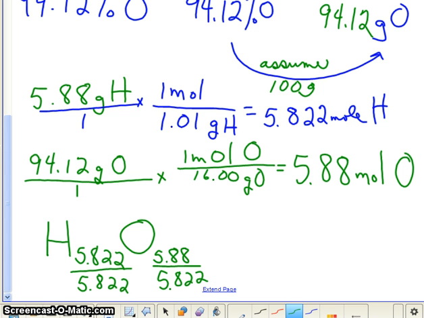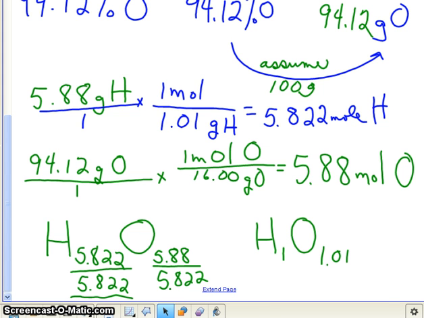And when I divide 5.88 by 5.822, I get a subscript of 1 under the hydrogen, since that was the same number divided by itself, and the other value is essentially 1.01. Well, isn't that essentially 1?